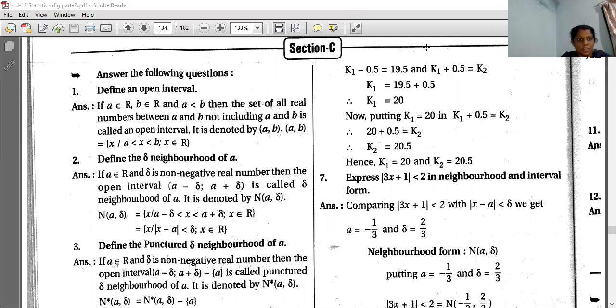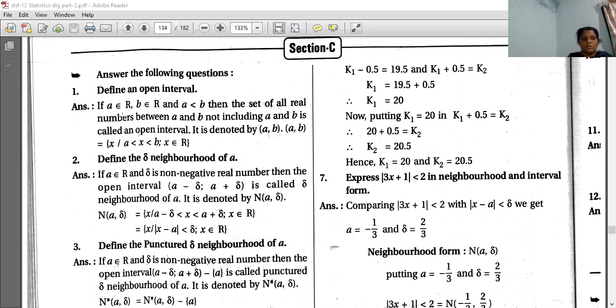The first question is: define an open interval. I have explained this before also, but we will see it again.